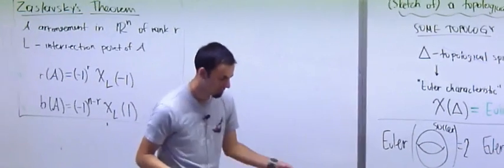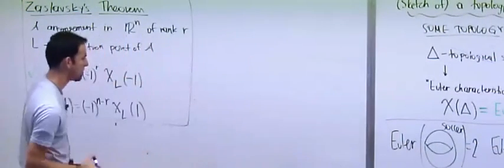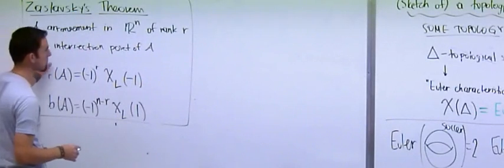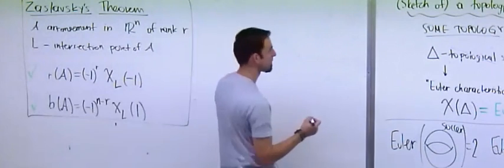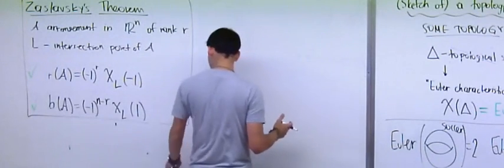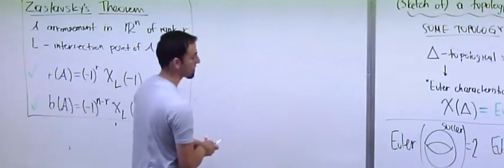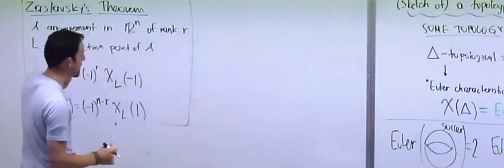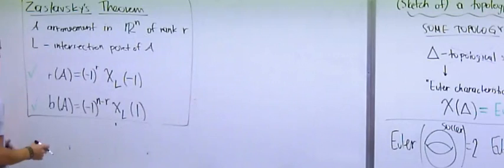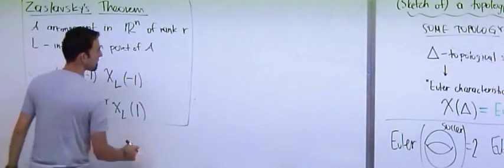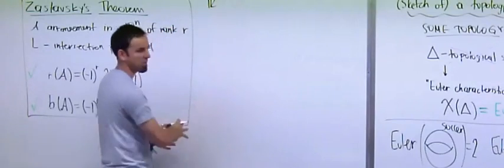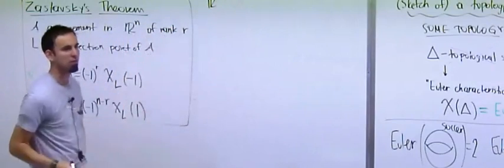Okay, so let me just prove Zaslavsky's theorem for you. See if I can draw something that makes sense here. So let's say, for example, that you're going to prove this for maybe the three-dimensional case, which is one that we can visualize. So let's say that you're living in R3. So maybe our arrangement is in the whole space.